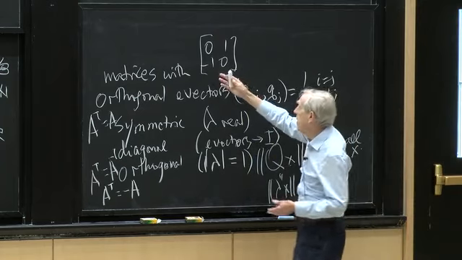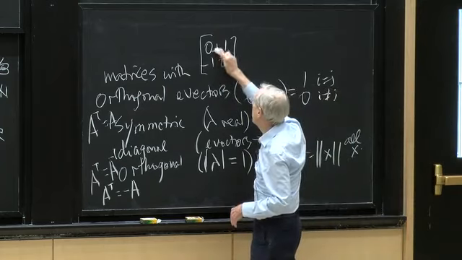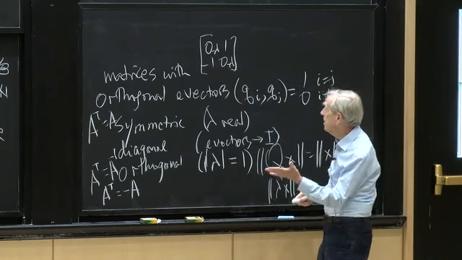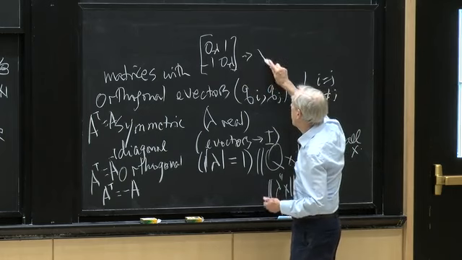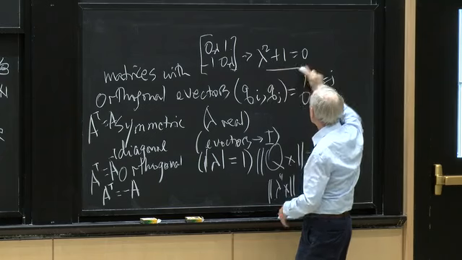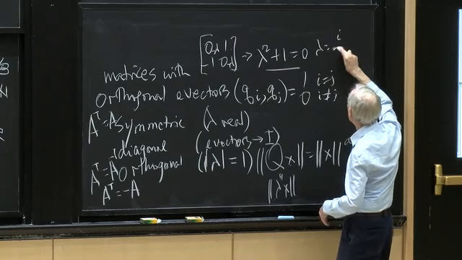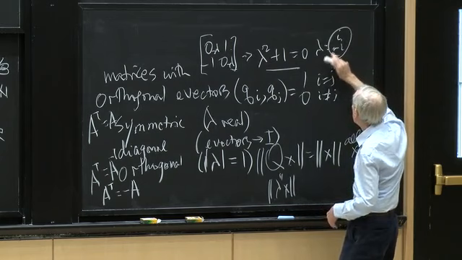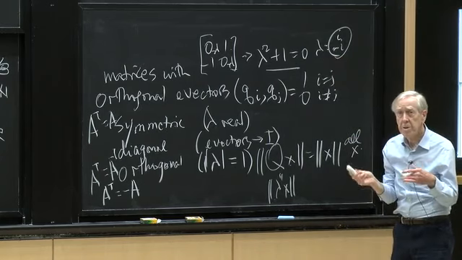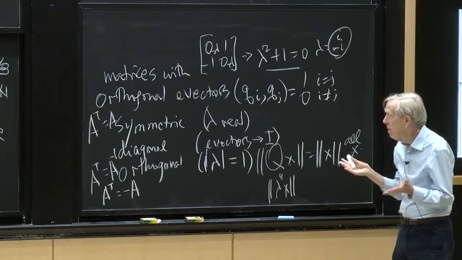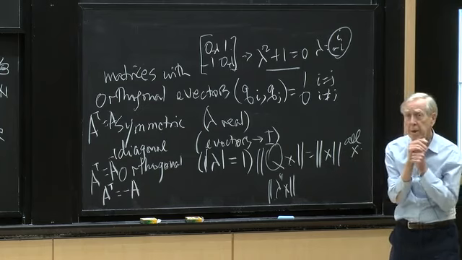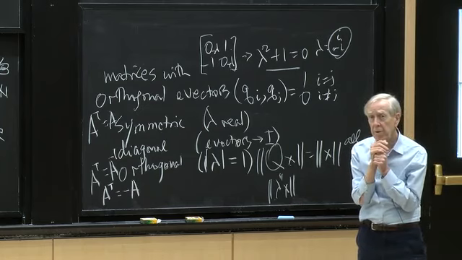Well, if I subtract lambda from the diagonal and take the determinant, I get lambda squared plus 1 equals 0. So lambda is i or minus i. That's a rotation matrix, a rotation through 90 degrees. So there could not be a real eigenvalue. Have you thought about that?